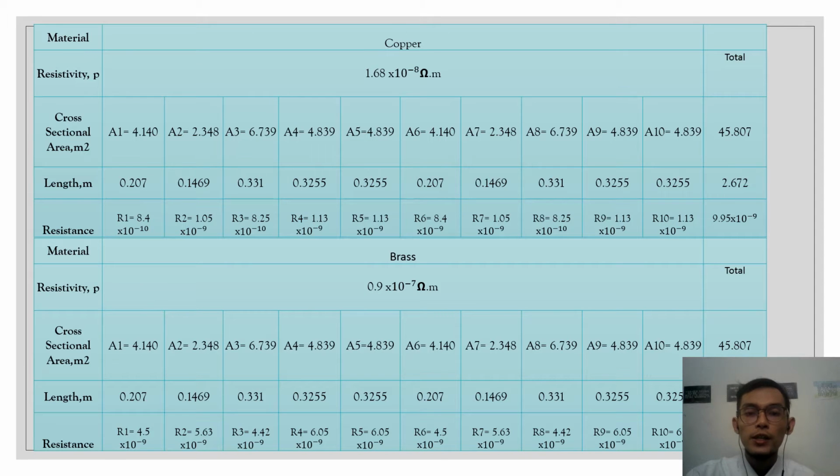For its calculation, we also use the same materials, which are copper, brass, stainless steel 304 and stainless steel 316, and the cross-sectional area and length will be totaled up in the table, and after that we can calculate the resistance by using the formula like we did in the original jig. So the final resistance will be totaled up in each table for each material.